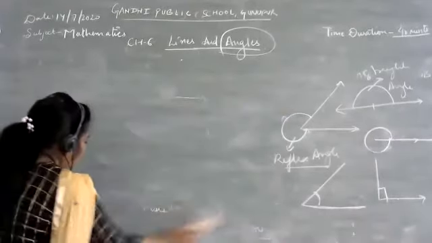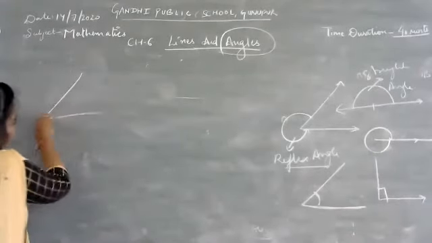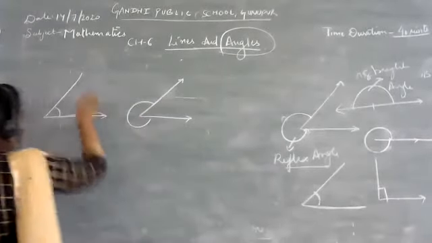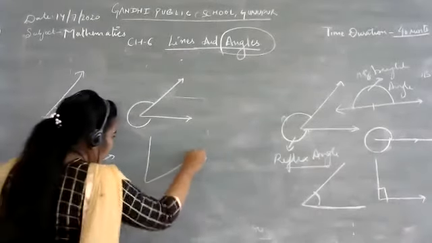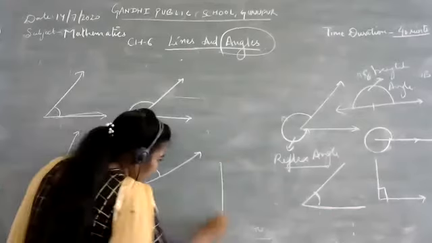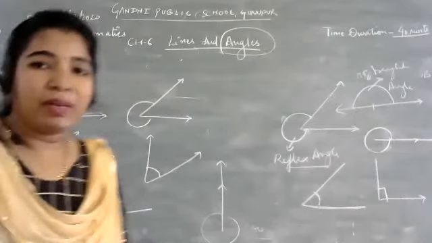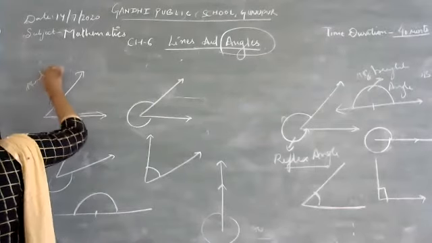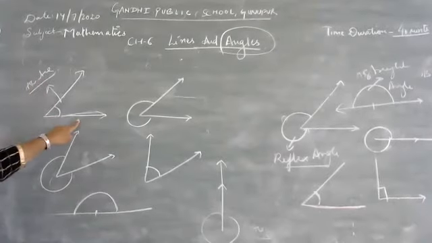To make it more clear, it can be asked as an objective question. This is one example. These are some examples I have taken to make it clearer. This is an acute angle, the angle is less than the imaginary 90.